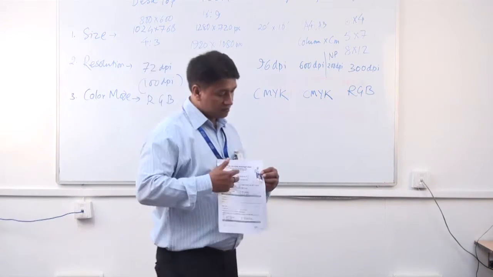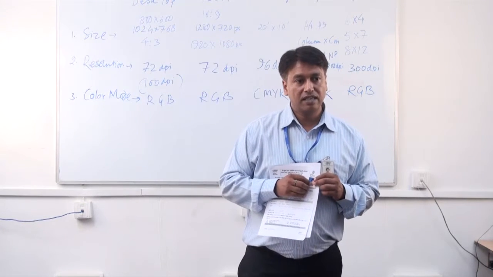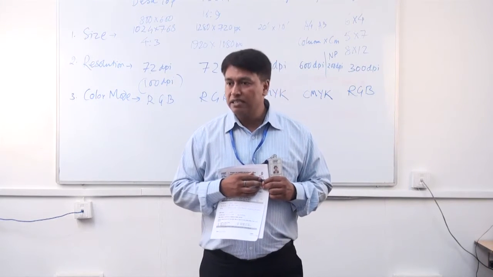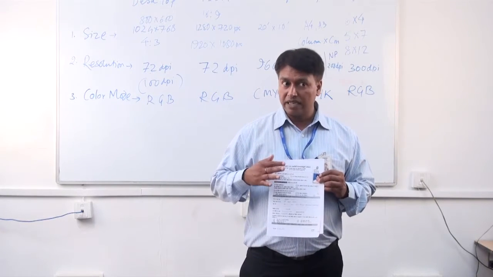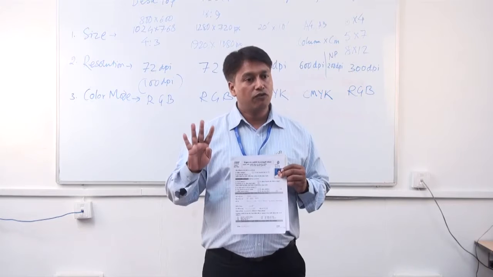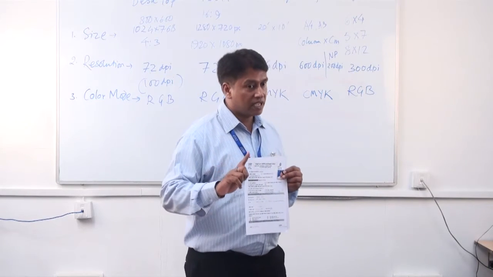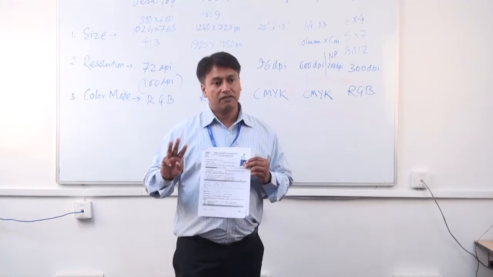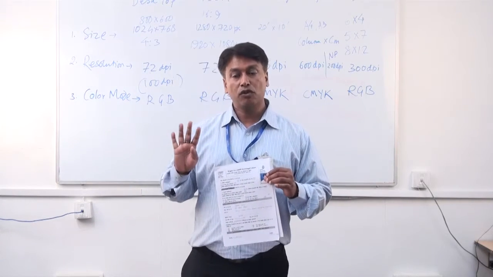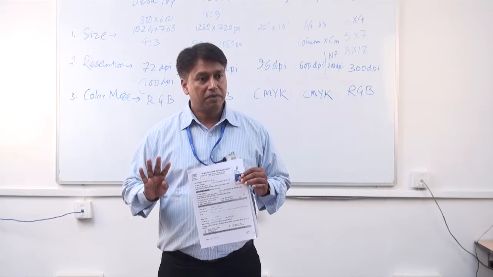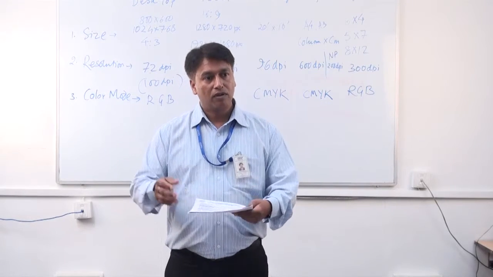Let's say this is a photograph. If you are going to print it for a magazine, this whole page will have 4 plates: one of cyan, another of magenta, then yellow, and then black. 4 plates will be developed, and this paper will go on the printing.